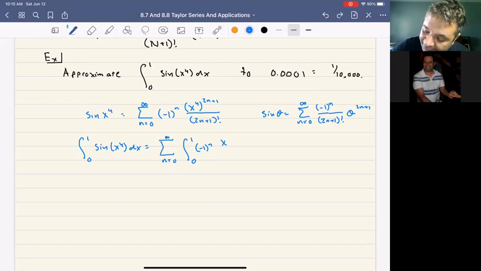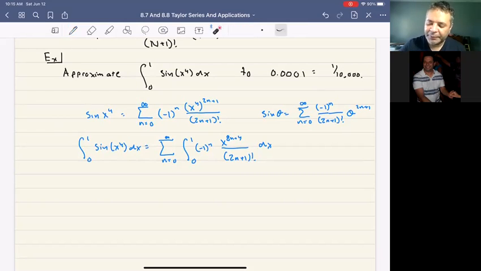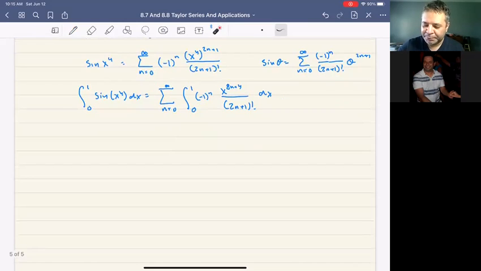If you're really being picky, I should say why I can interchange the sum and the integrals, but we're not going to be that picky in Calc 2. But yes, there's some pickiness there.